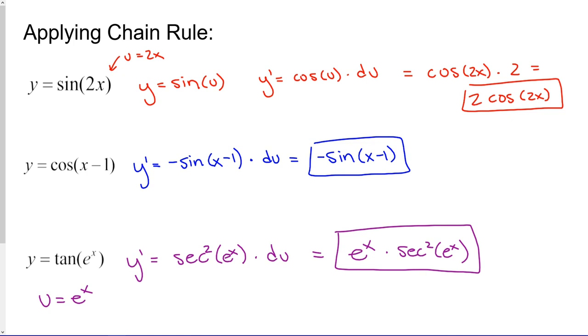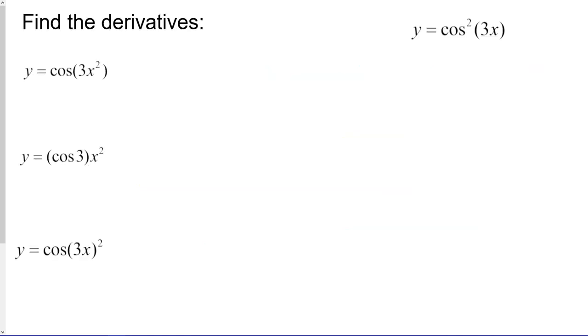Okay, we're wrapping things up here. Got a couple more derivatives we're going to go through. So we've got 4 derivatives here. In this case, we're just going to go ahead and do the same thing we were just doing. If y is equal to cosine of 3x squared, for y prime, the derivative of cosine is negative sine.